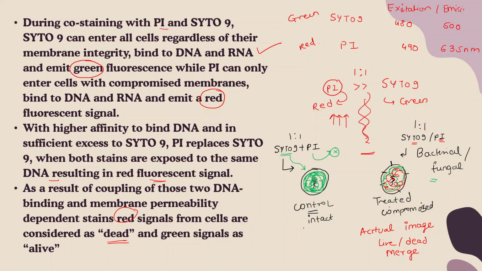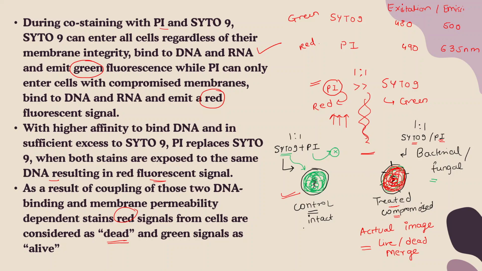For example, if it is treated with compromised membrane, you will see that the cells will appear with red fluorescent intensity, because I have already mentioned that PI has higher affinity towards the nucleic acid in comparison to cyto9. So this is what is called live dead staining. If green cells appear, then it is considered as live cells, and if red fluorescent cells appear, then it is considered that the cells are dead.